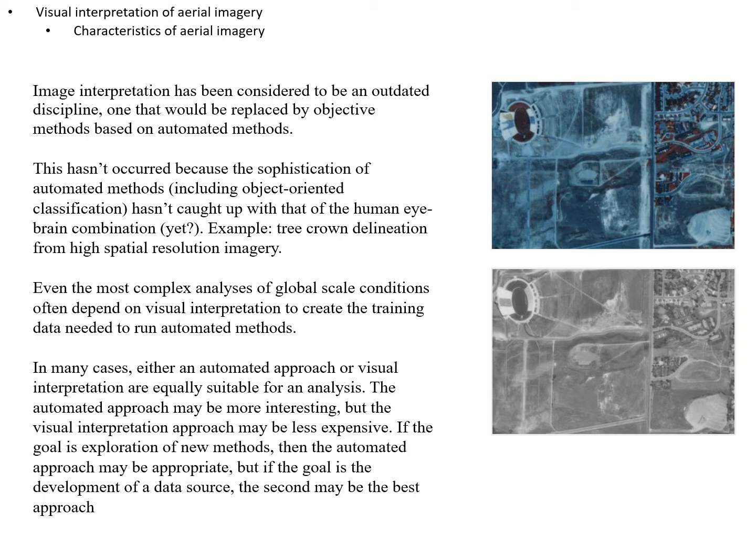So for instance, tree crown delineation is a big application that you might have from high spatial resolution imagery. Well, it's actually pretty hard to do because you have shadows in forests, you have a variety of different tree sizes, you might have dead trees. So it's a lot easier said than done.